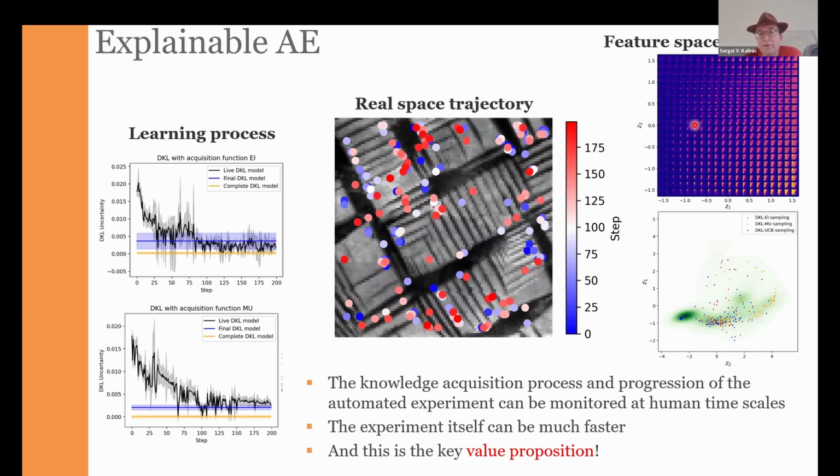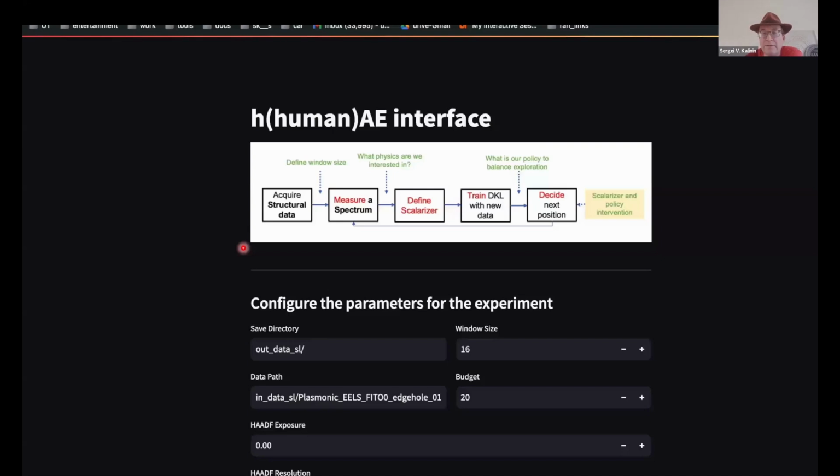We can, for example, look at the sequence of points where the AI agent made measurements. We can analyze what type of features the AI agent has chosen to explore. We can even monitor how fast the AI agent learns the structure-property relationship, for example, how the predictive uncertainty evolves with time.